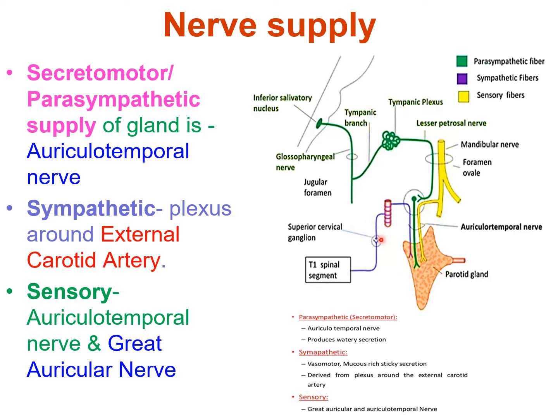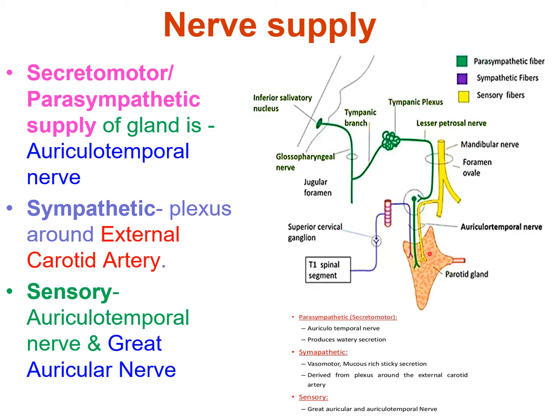The sympathetic supply is derived from the adjacent sympathetic plexus of the carotid sheath. The auriculotemporal nerve is also responsible for carrying the general visceral afferent, that is the sensory stimuli from the gland as well.